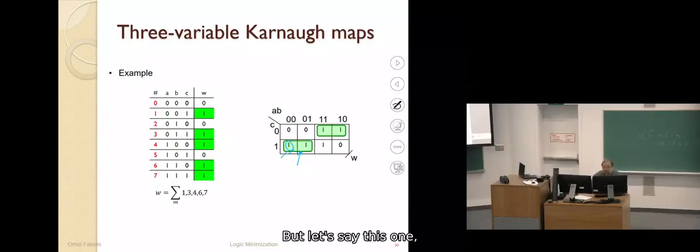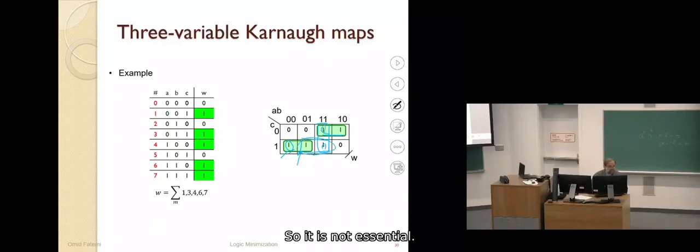But let's say this one, this implicant. We had 2 more implicants. Let me put blue, this and this. These 2 implicants, they are not essential. Why? Because they have, for example, this one, the vertical one. It has 2 cells, this one and this one. This one has already covered by this one, and this one has been covered by the other one.